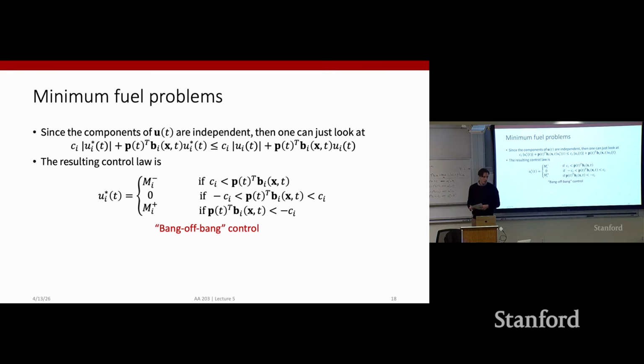And if you think about what we're doing here, it is quite intuitive again, because this essentially describes control profiles where I want to get as quickly as possible into a state where I'm essentially coasting through my dynamics, where I can do nothing, and then maybe only at the end do another impulsive control. And this aligns with the objective of minimizing fuel.